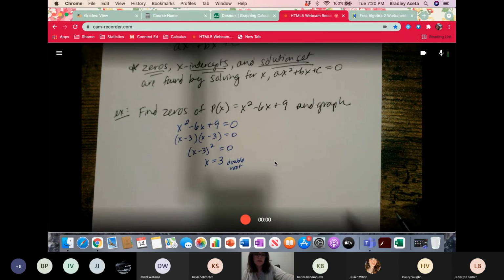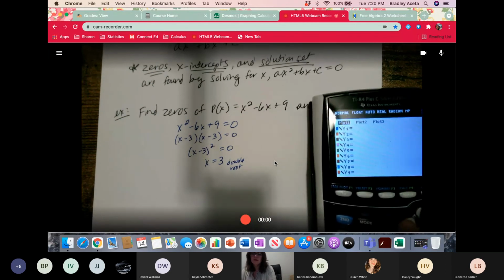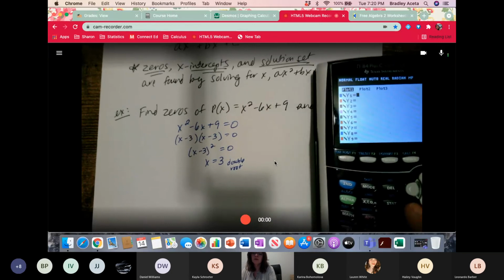Now, if you were to graph this on your graphing calculator, or obviously use Desmos, I'm going to go back to my graphing calculator just to show you something. See how if I hit y equals, my plot 1 is highlighted. I don't want to graph a function when my plot 1 is highlighted.